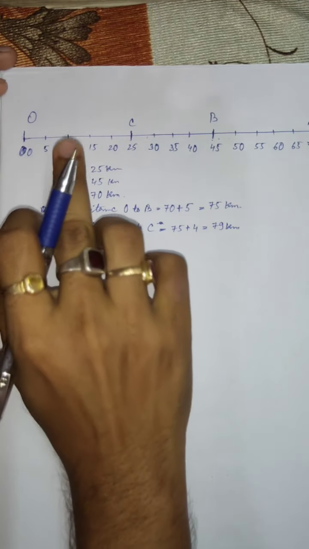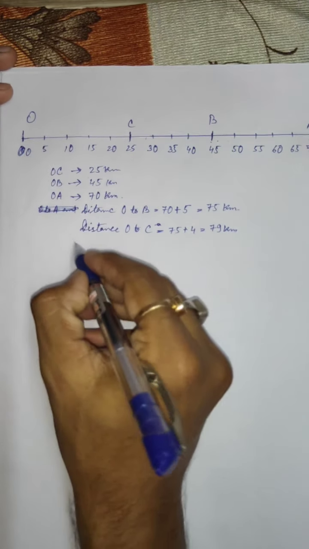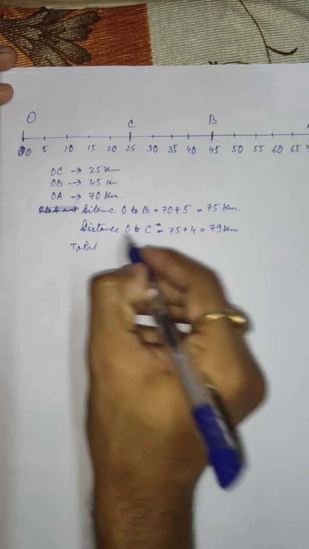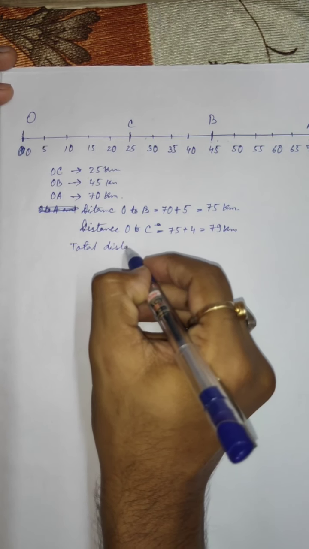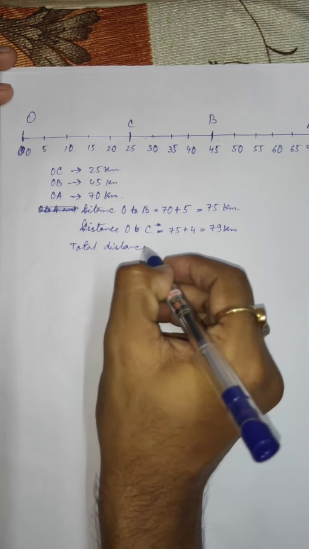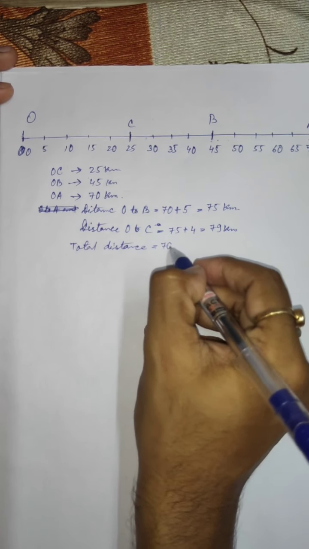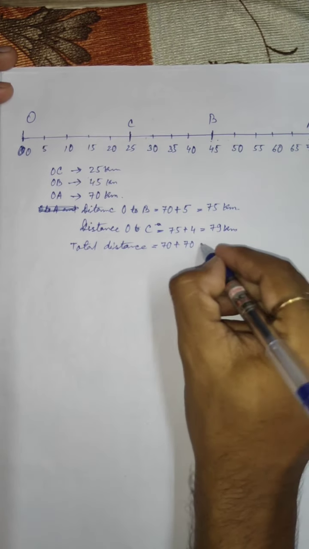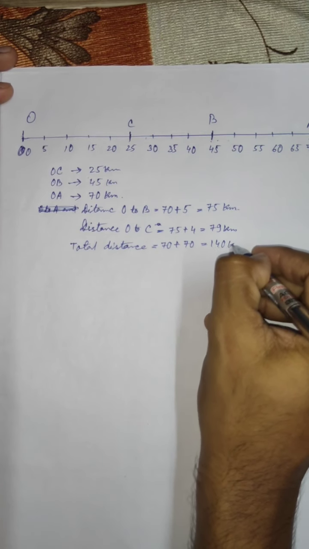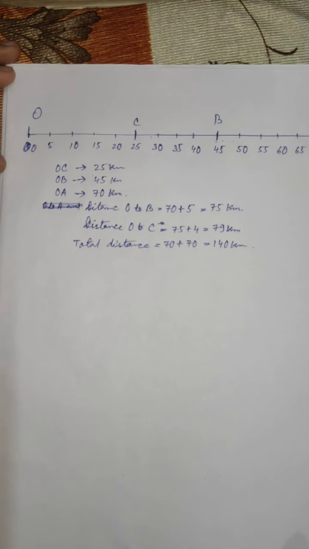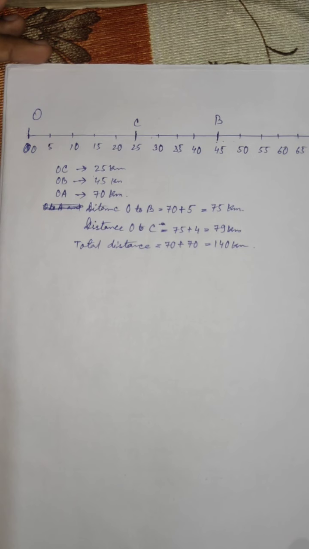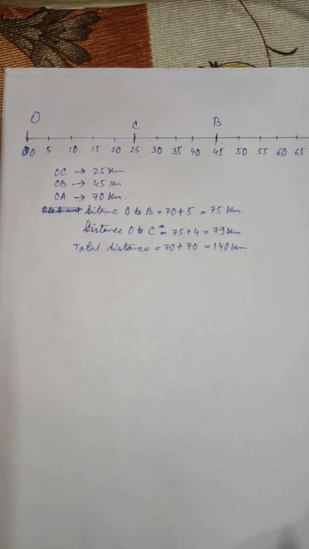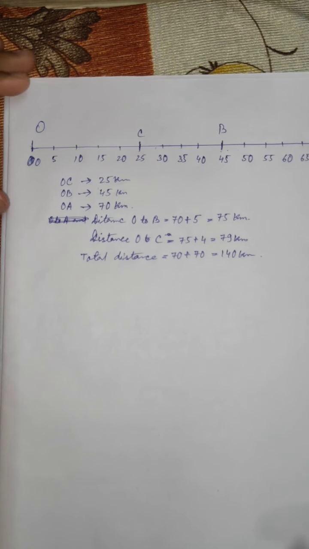And when it again reaches O, the total distance is 70 plus 70, definitely, that is 140 kilometers. This way we measured the distance, the distance traveled by an object in motion.